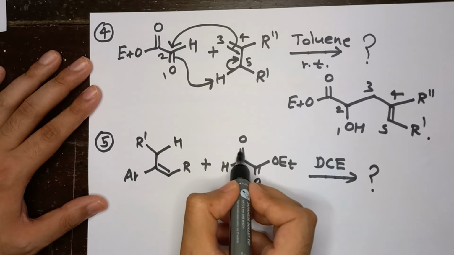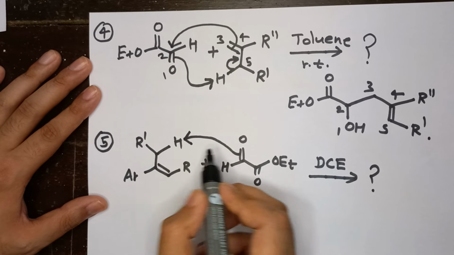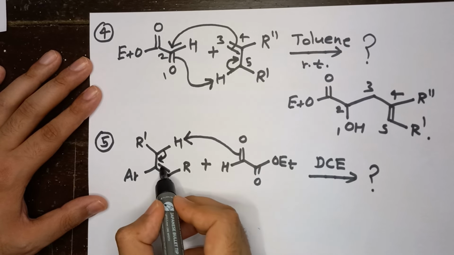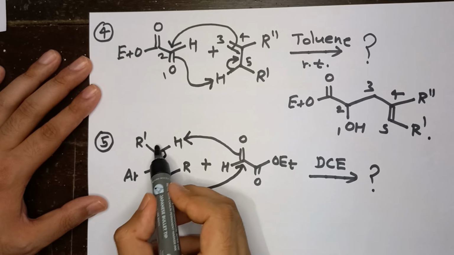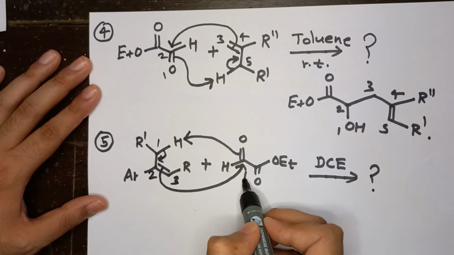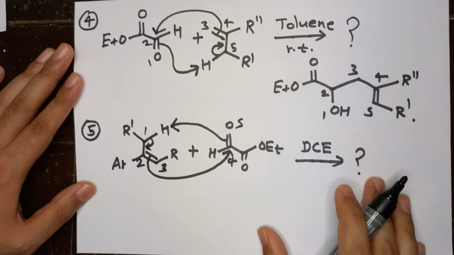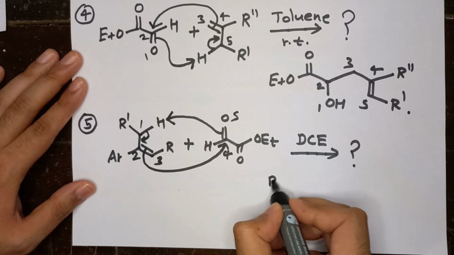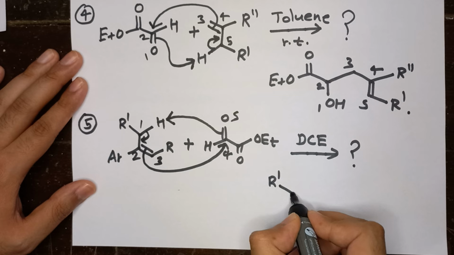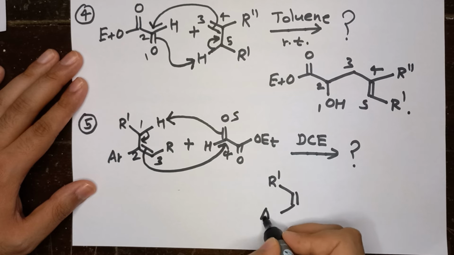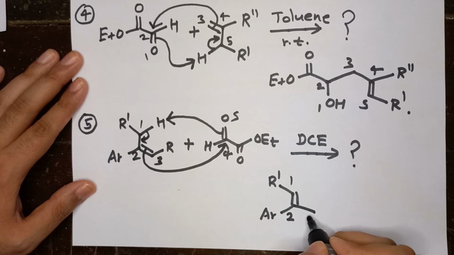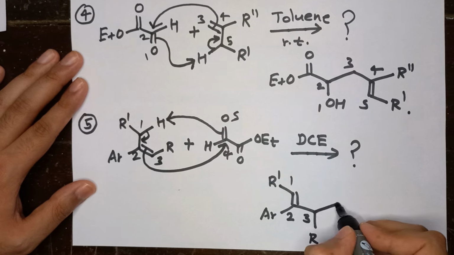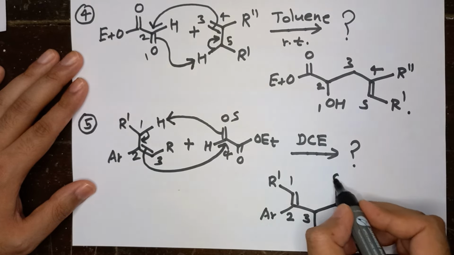Aldehyde is more reactive, so this will take this proton. This will form a double bond here, and this bond will get attached to this carbon. So let me number them: 1, 2, 3, 4, and this oxygen is 5. So the product will be, so we have a double bond between 1 and 2. 2 is now singly bonded with 3. 3 has this R group. 3 is bonded to 4. 4 is bonded to the 5th, OH.